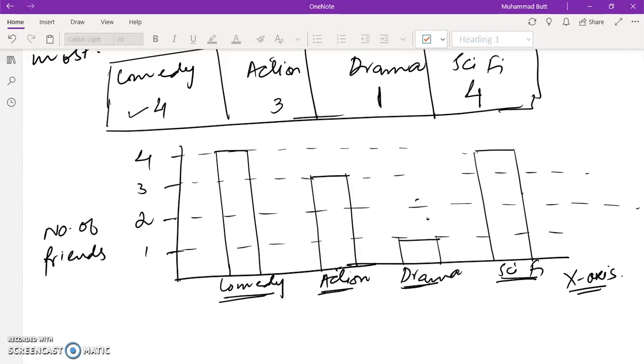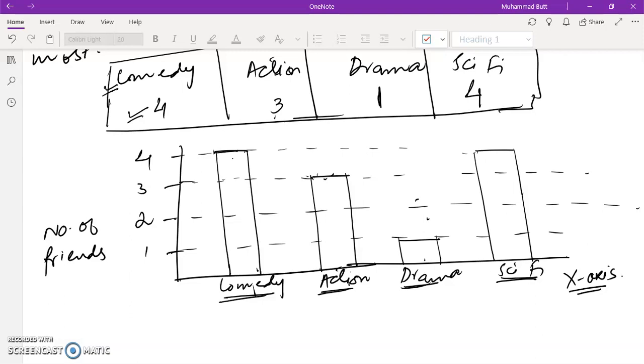As 4 friends are fond of comedy movies, so what are we going to do? We'll draw a bar till 4, and this bar is showing that 4 of your friends liked comedy movies. 3 of your friends liked action movies, so you have drawn again a bar till 3 on the y-axis, and it is representing that 3 of your friends have liked action movies.